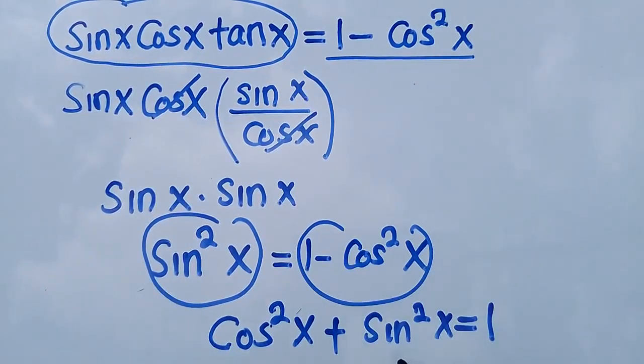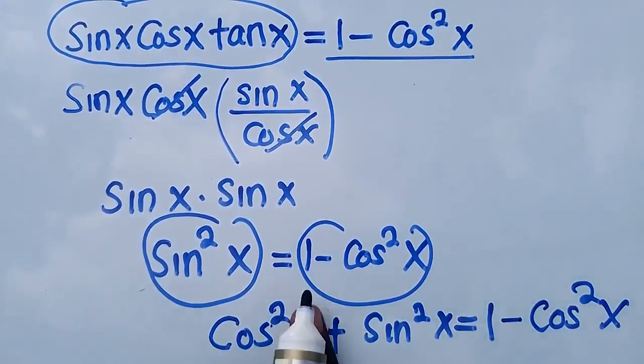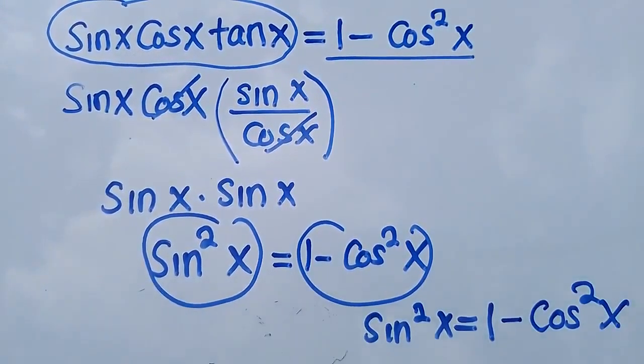So as you can see, when this cos goes to the other side of the equation, it's going to be minus cos squared x. So we are going to have something like this. Have you seen? So these two are just one and the same. So we have proven this first identity. So this was our question 1.